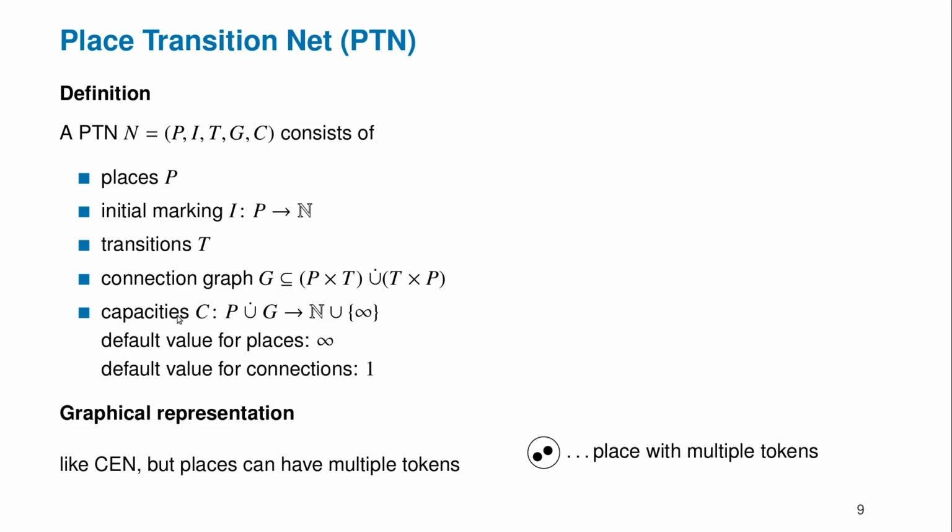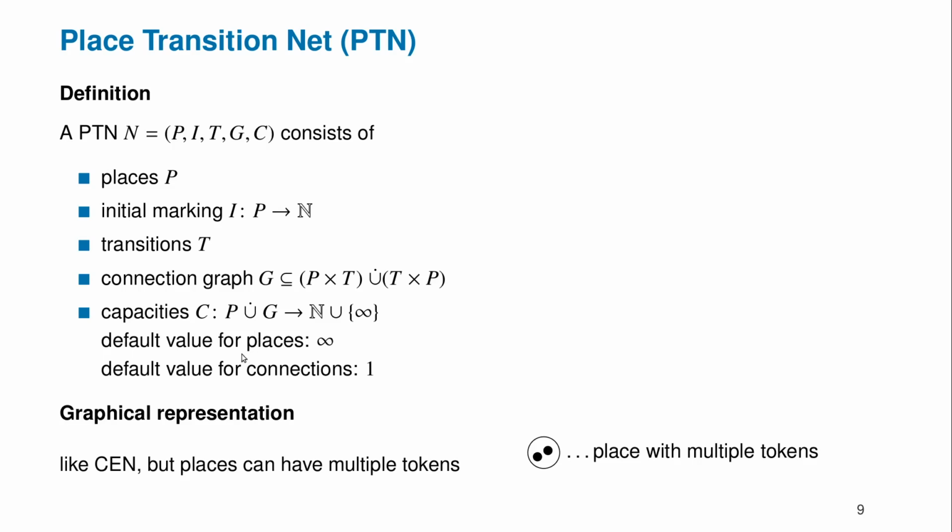So we define capacities for the places and for the elements of the connection graph G, and these are mapped to the natural numbers together with the infinity symbol. If we do not give any value for the places, then we assume they have infinite capacity.